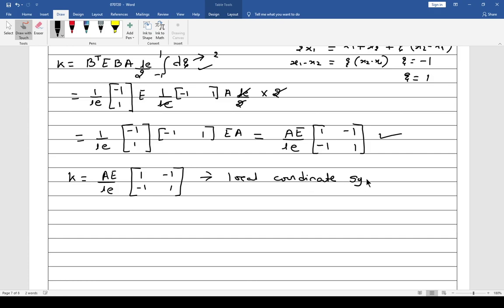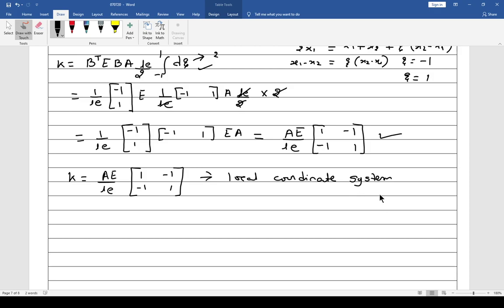It doesn't make a difference whether I derive with the global or local, but when we do it with global, we cannot code it, we cannot program it. That is the problem, and that is why we shift to the local coordinate system.